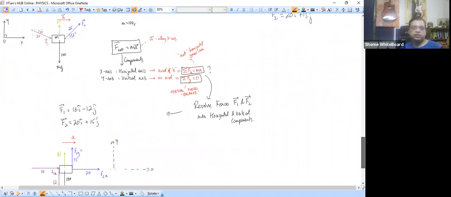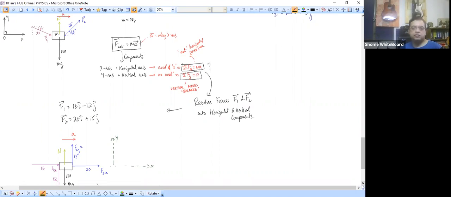Yeah, so understand the correlation between these two diagrams. Okay, so I hope all of you are following up to this point.